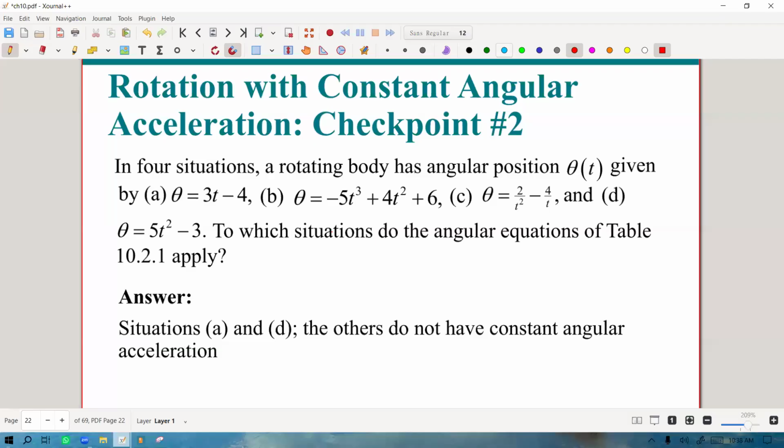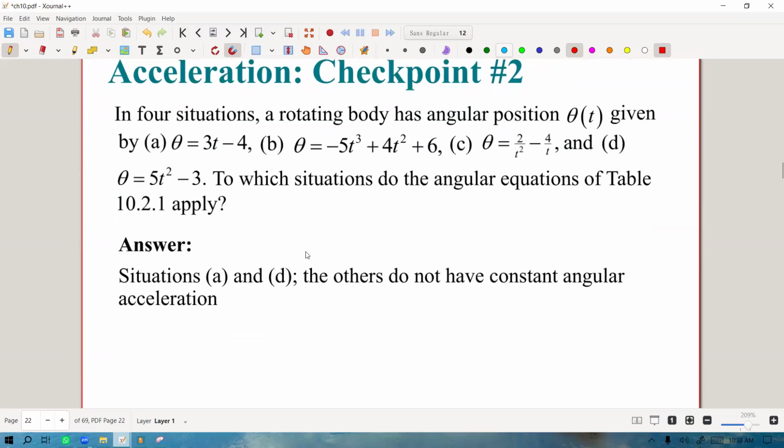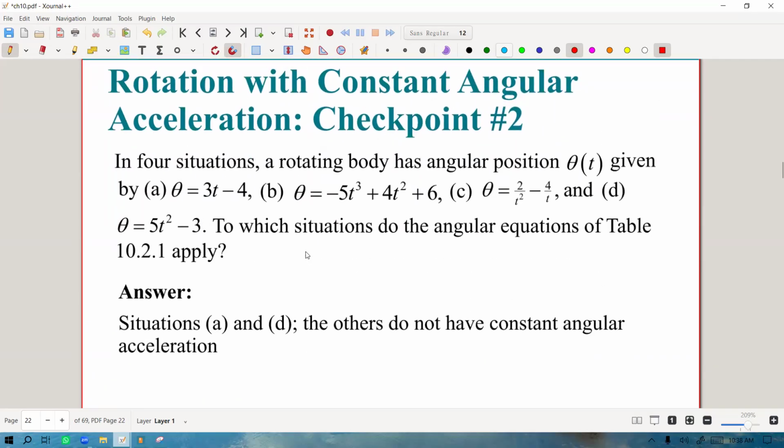In four situations, a rotating body has angular position theta, given by theta equal to 3t minus 4, and so on. To which situation do the angular equations of the table apply? Okay, so this table is proper for constant angular acceleration.